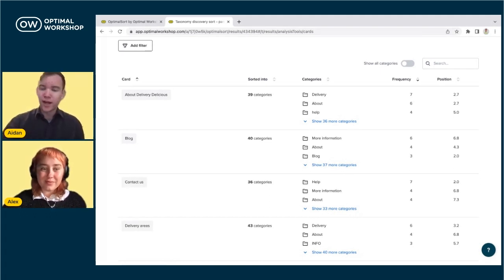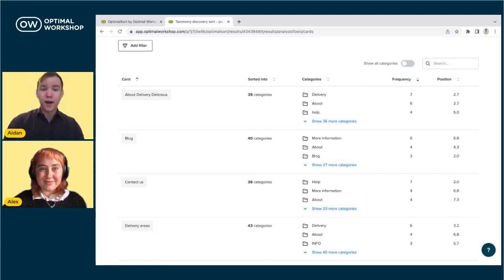We might do some validation with some further discovery still allowed, in terms of a hybrid card sort, presetting some of those categories, but still enabling people to create new categories where they feel they need to fill in the gaps as well.